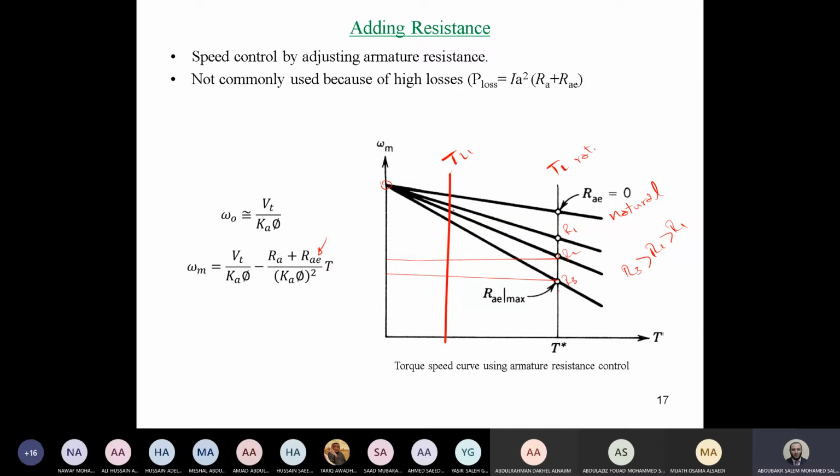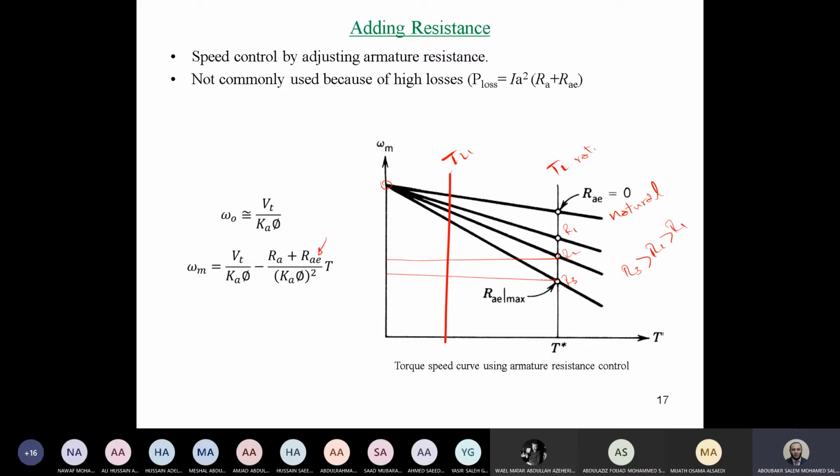Is the speed range wide like the speed range at high torque, Shabab? No. It's not a wide range now. So this is a drawback for the adding resistance technique. It's not preferred with small values of load torques. So it's not a wide range of speed control. This is one of the drawbacks.